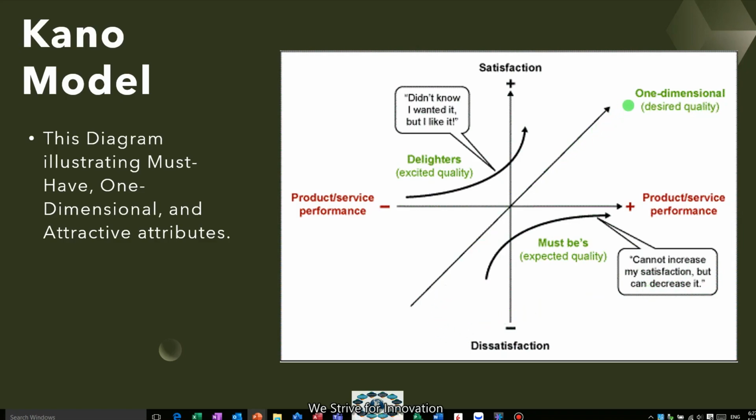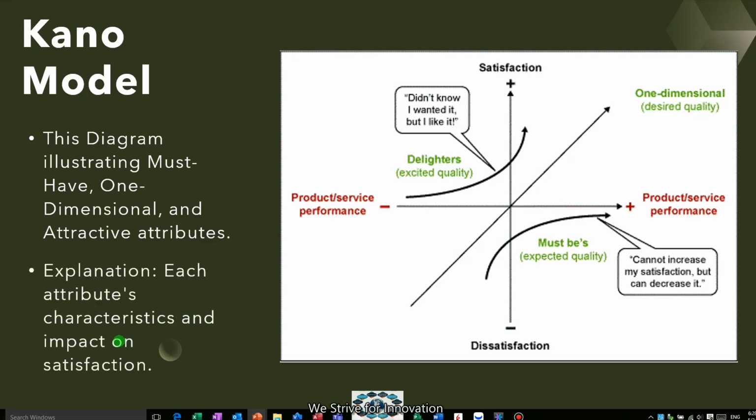Then you have the middle zone, which is desired quality: desired if they are there, but if not, it's okay. Like you buy an AC that doesn't have a remote control, but it's still working, you can use the knob. And the third one is the delighter, which is an excited quality that exceeds even customer expectation.